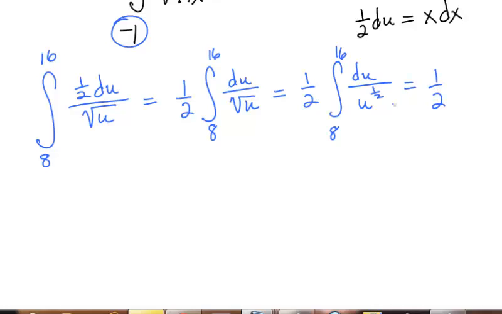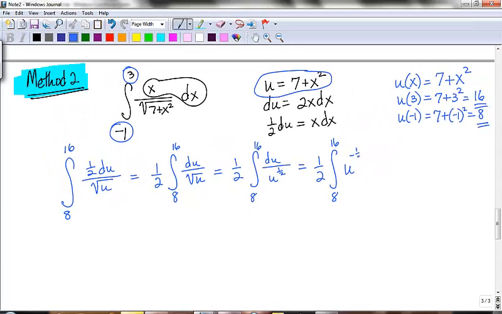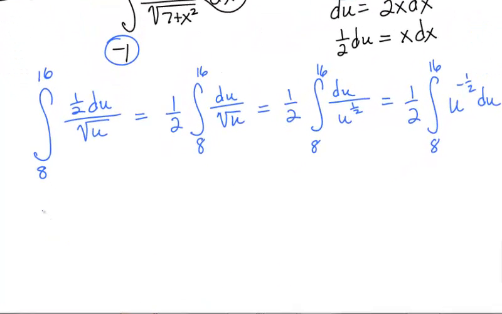Now, if I want to bring that u to the 1/2 power up, it's going to make it negative. So it'd be u to the negative 1/2 with respect to u. Should look very similar to the other way we did it. Leave the 1/2 out front.